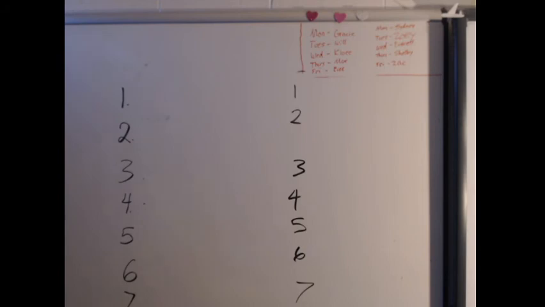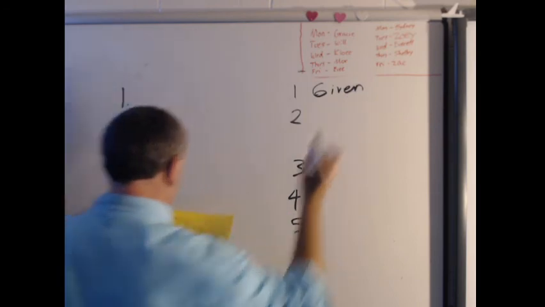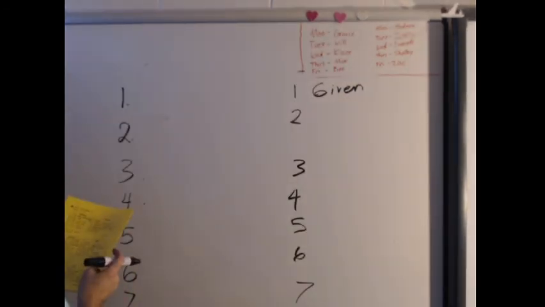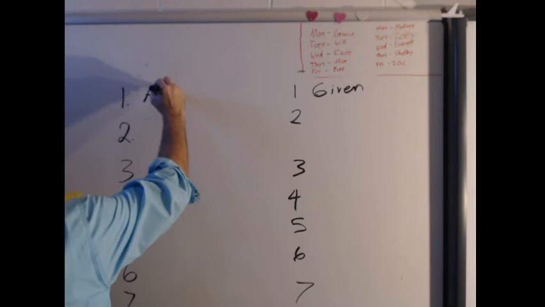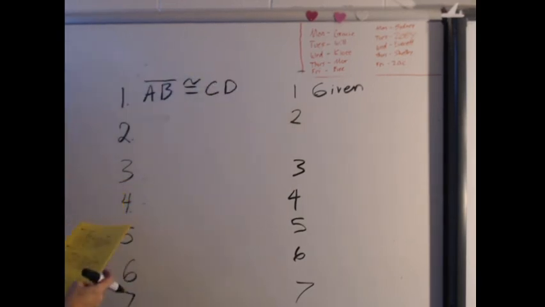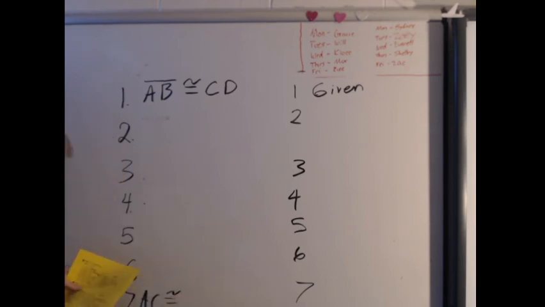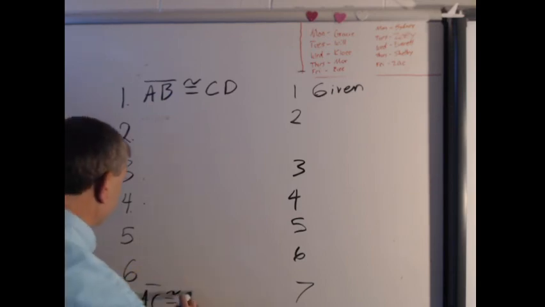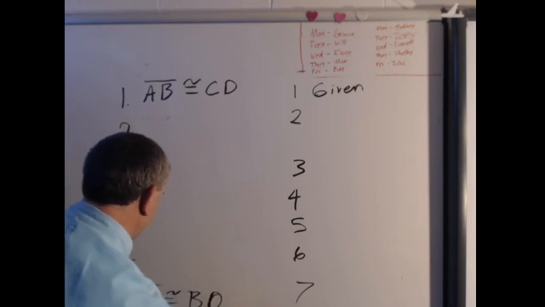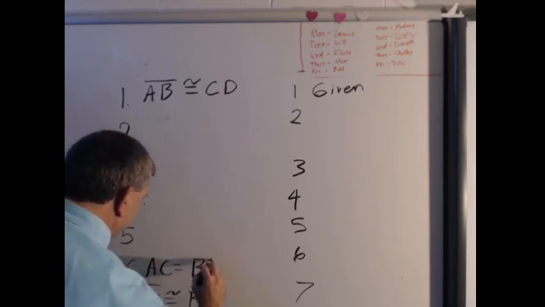All right. Okay, so we always know what goes up here, given. Right, and I have AB is congruent to CD. Okay, I have to prove that AC is congruent to BD. All right, now, whenever we know this, we know that the step above it has always been this.